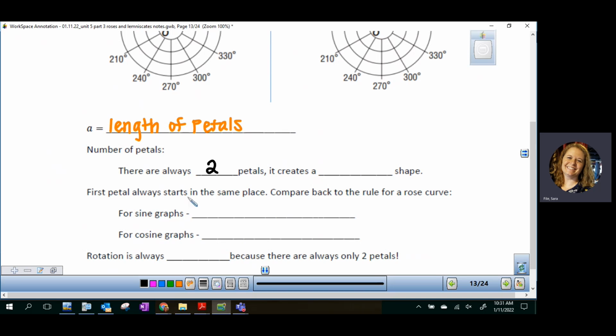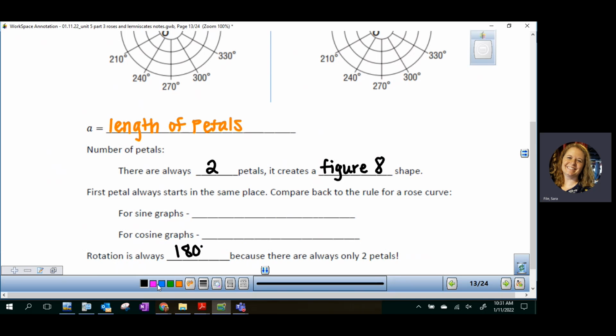If there are only 2 petals, what shape does that make? A figure 8. Good. Because if they are evenly spread out, they're 180 degrees apart from each other, that just makes a figure 8 shape for your 2 petals. The rotation is always 180 degrees between the 2 petals.